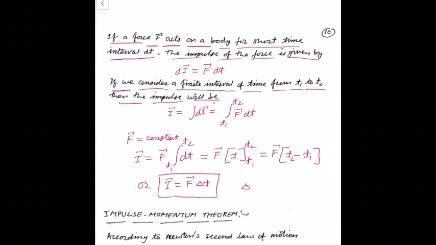Here delta t is equal to t2 minus t1. Clear?